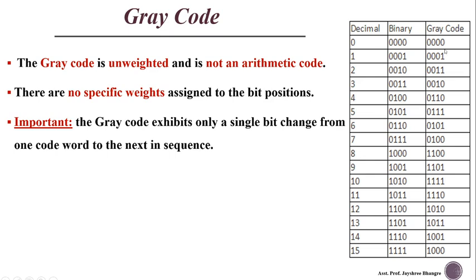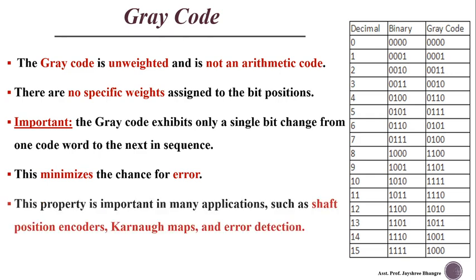That is the specialty of the gray code, and that is the main difference between binary and gray code. This property of gray code minimizes the chance of error, and this property is important in many applications such as shaft position encoders, Karnaugh maps, and error detection.